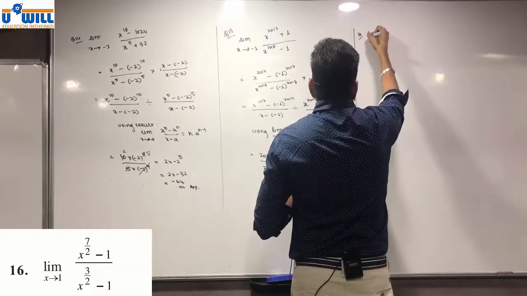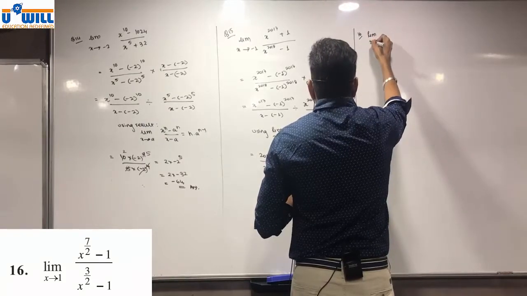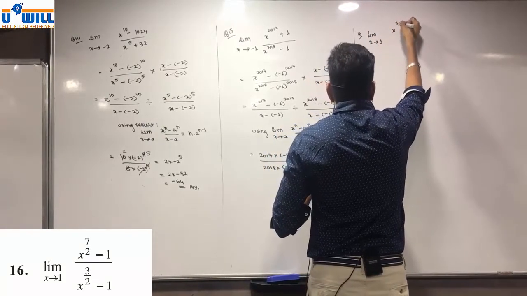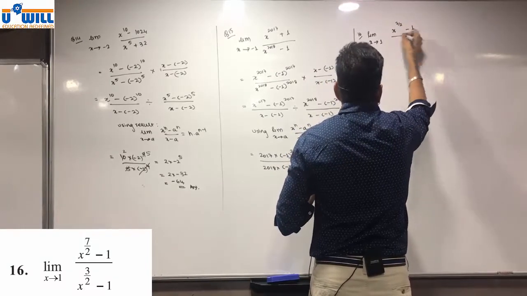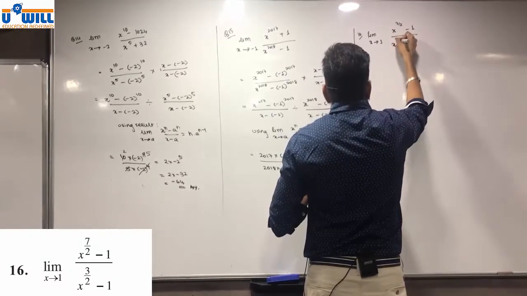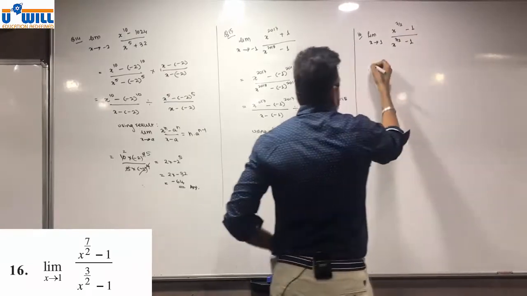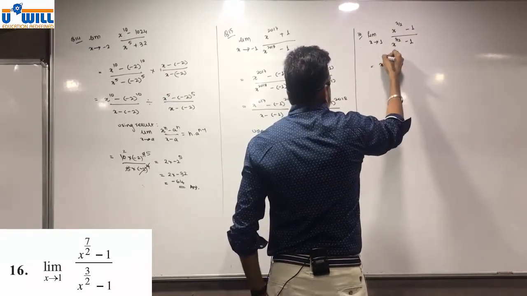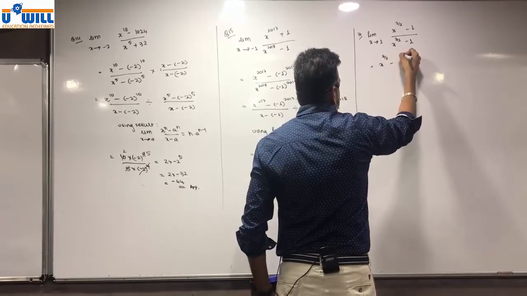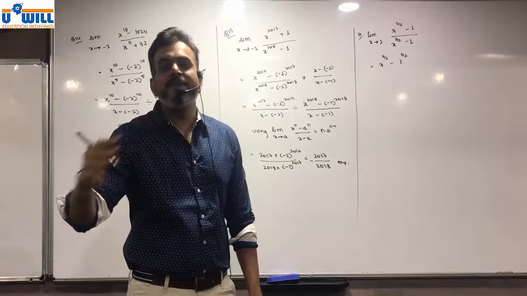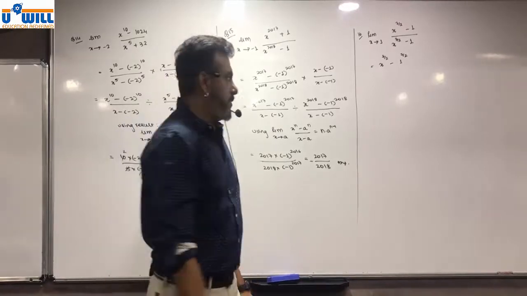16 sum, limit x tends to 1, x raised to 7 by 2 minus 1 upon x raised to 3 by 2 minus 1, which is equal to x raised to 7 by 2 minus 1 raised to 7 by 2. Can I say this? 1 raised to anything is going to remain 1.